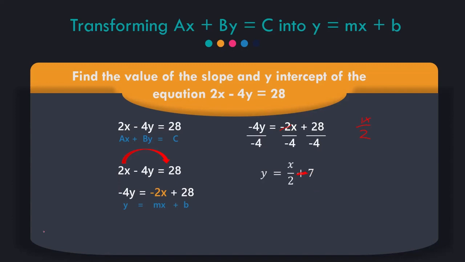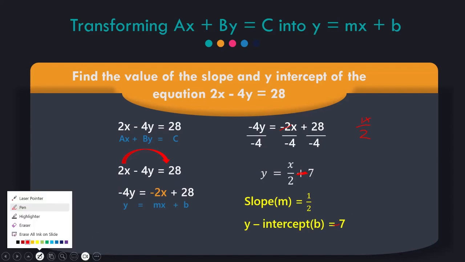So, minus 7 siya. Meaning to say, our slope is positive 1/2, fraction siya, but our y-intercept should be negative 7. Understood? Pag both negative, magiging positive, right? Pero pag isang negative lang, negative yung sagot natin kasi positive divided by negative is negative. Okay?